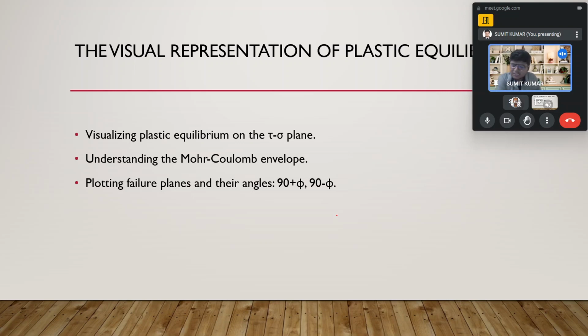Now, the visual representation of the plastic equilibrium. We have started talking about plastic equilibrium, so the visual representation must be understood in a true sense. The visualization of plastic equilibrium on a tau sigma plane is one of the important aspects. We understand this with the help of the Mohr Coulomb envelope, because when we draw the Mohr Coulomb envelope, in one way or the other we are trying to achieve the plastic state.